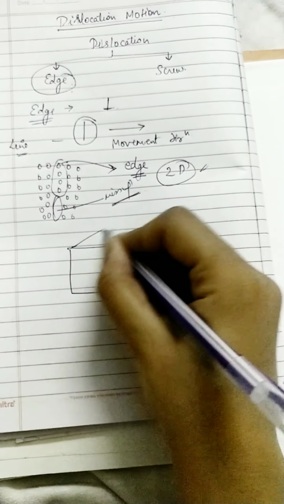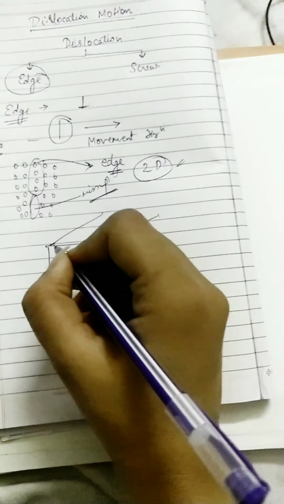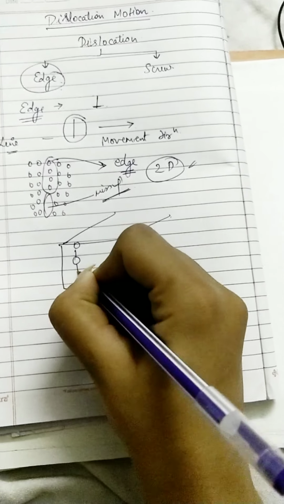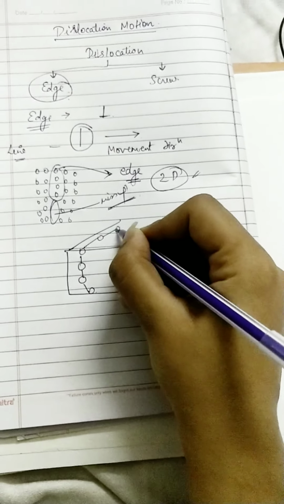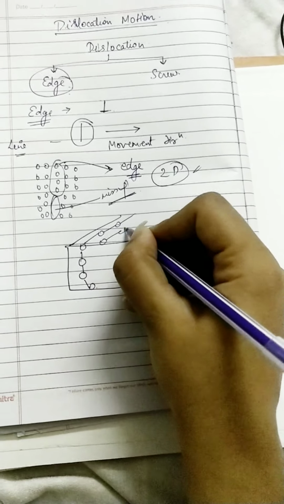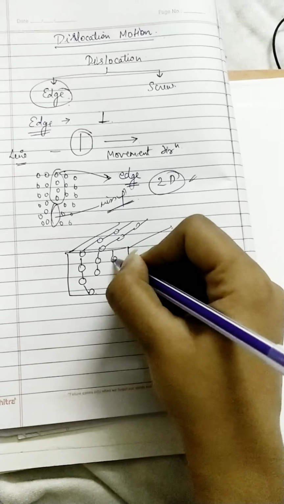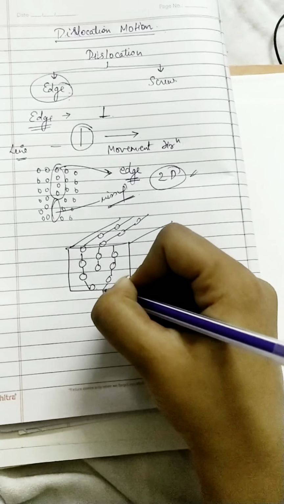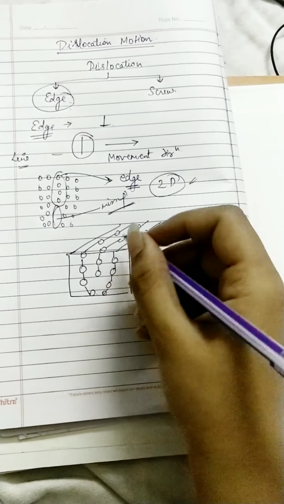Now I have drawn a cuboid-like figure, and we will learn what this edge dislocation is. You have seen that I am drawing planes of atoms. You have seen this similar figure, right? This defect.